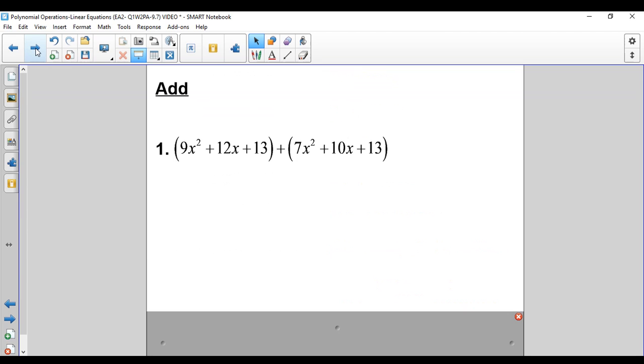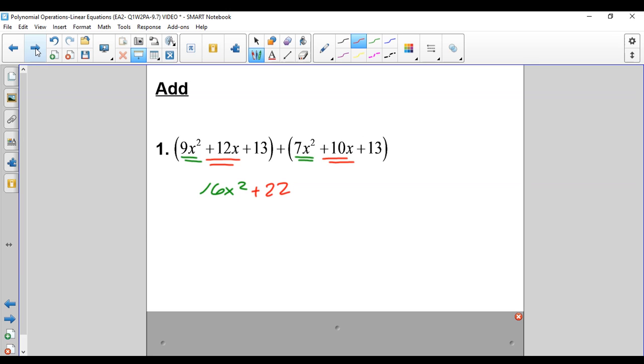So moving on. Operations, we're looking at adding, subtracting, and multiplying. That's it. Adding, when it comes down to it, it's just combining like terms. I can disregard the parentheses and just combine the like terms. I have 9x squared plus 7x squared is 16x squared. I have 12x plus 10x, which is 22x.